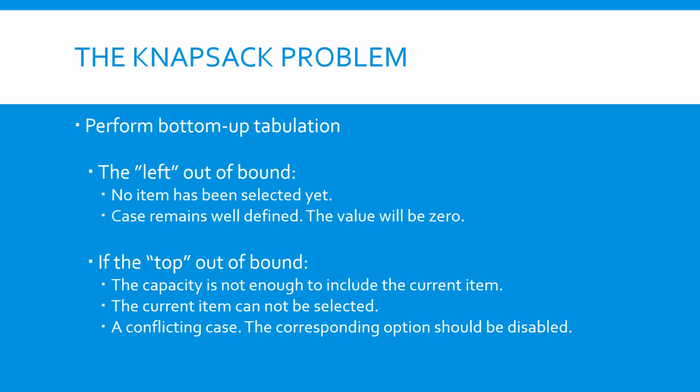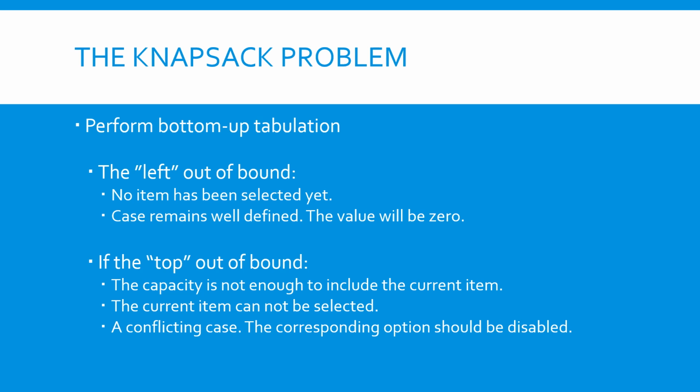Specifically, the first column represents the first item, the second column represents the first and second items, and the ith column represents the first i items, and so on. Therefore, a left out-of-bound condition refers to the 0th column and indicates that there exists no item in the current set.